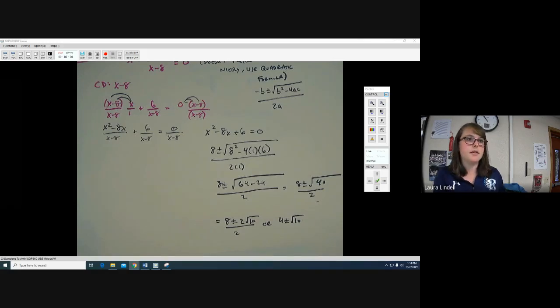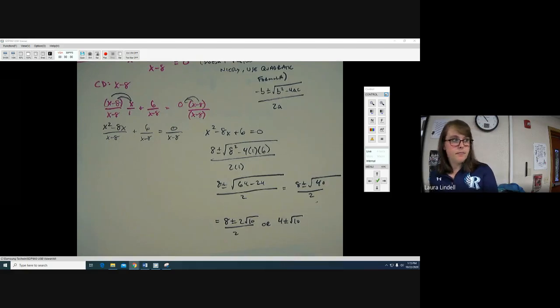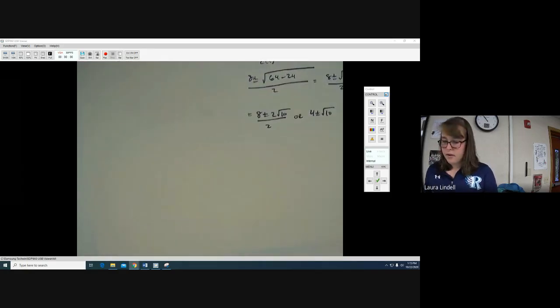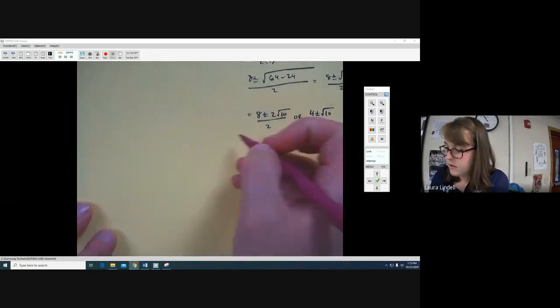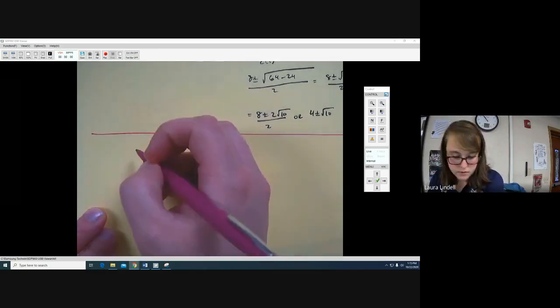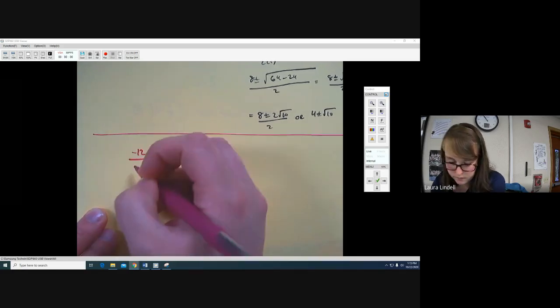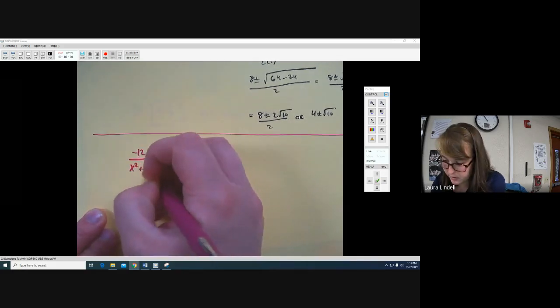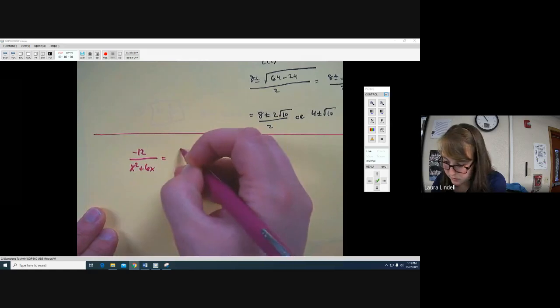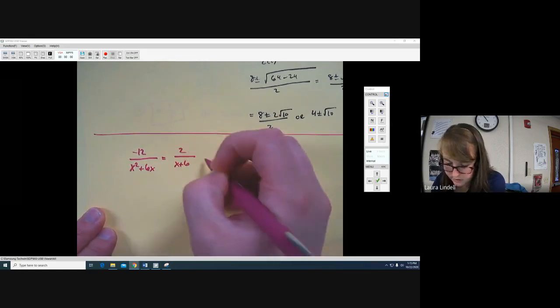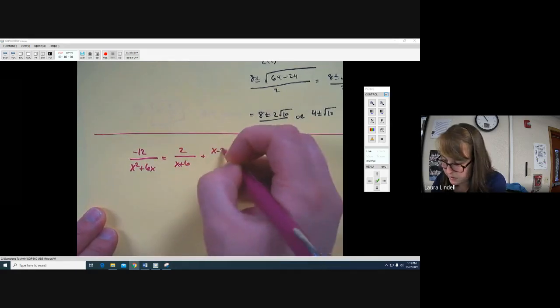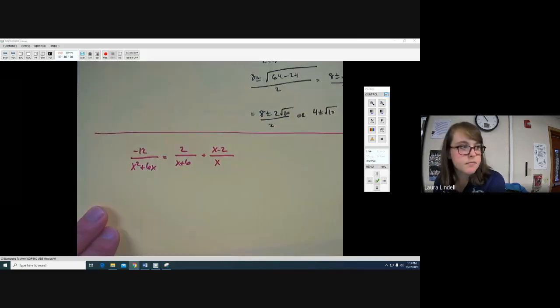Let's see if I can find a good one. Oh, I kind of like that one. All right. We'll do negative 12 over x squared plus 6x equals 2 over x plus 6 plus x minus 2 over x.